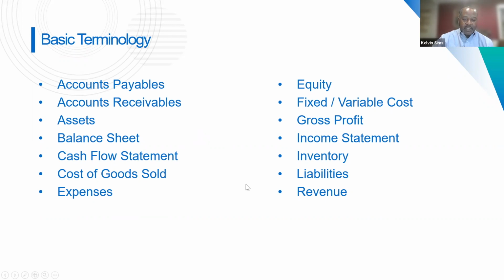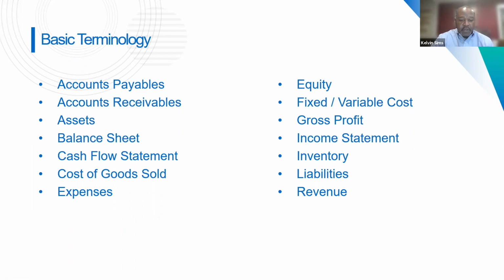Cost of goods, those are the things you make a product or provide a service with. This is the cost associated with providing those goods or services to your customer. Then we look at our expenses.